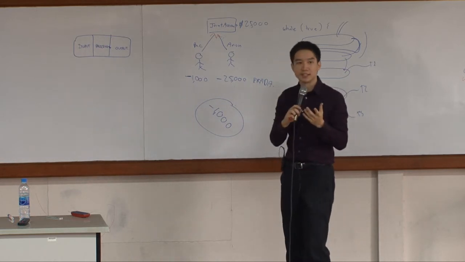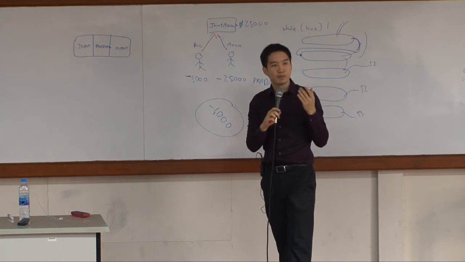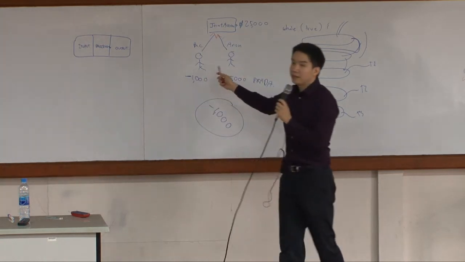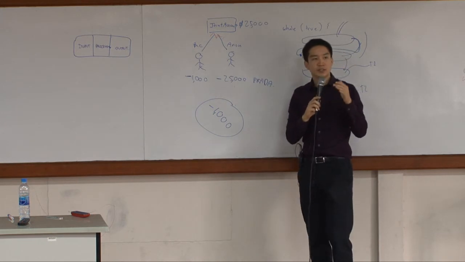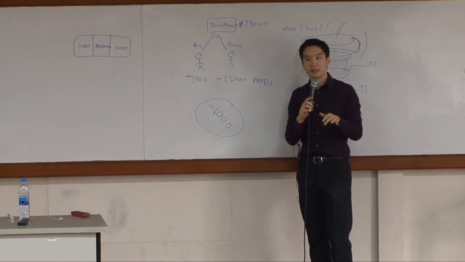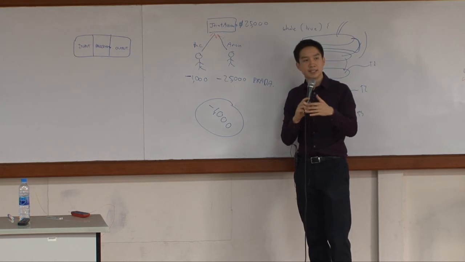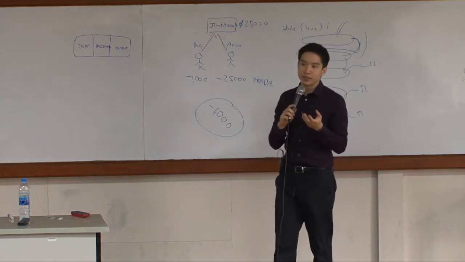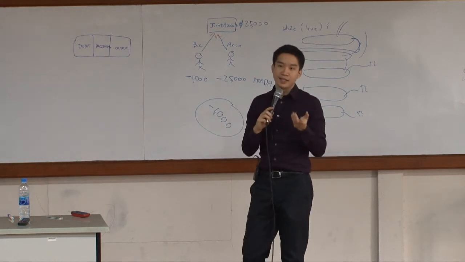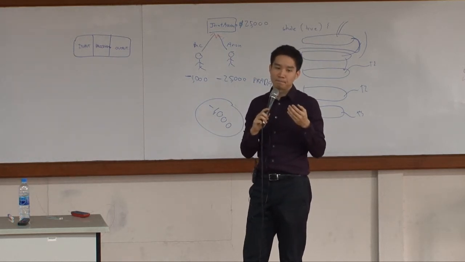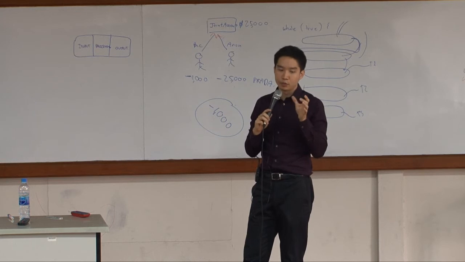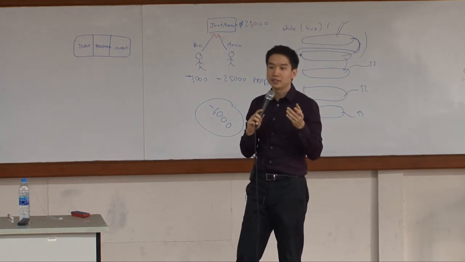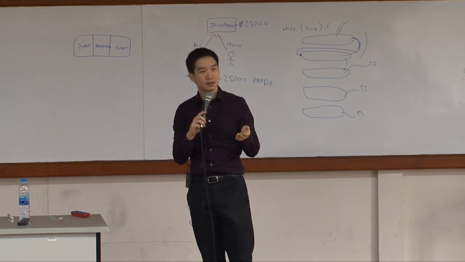Now my question is this: what if instead of withdrawing, both the husband and the wife simply just want to check the current account balance? In other words, they are simply just reading the state of their account balance. In that situation, would you need to have synchronized? No, right? Because you're simply just doing a read.